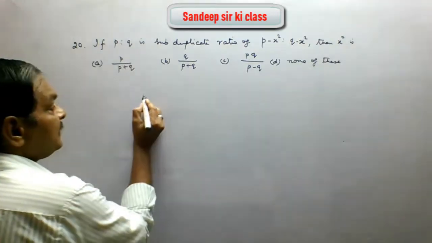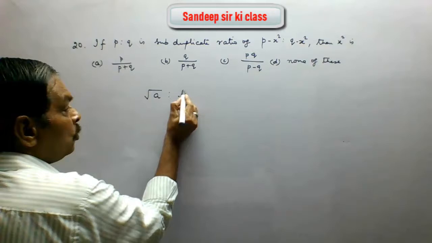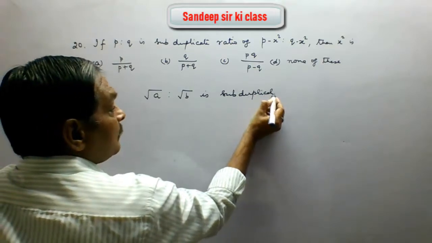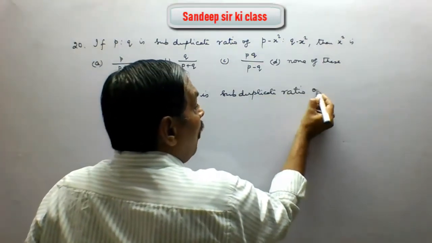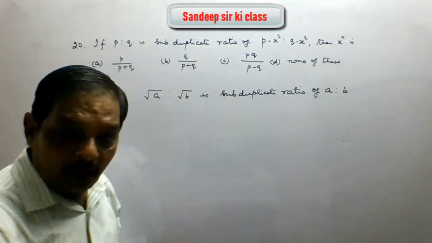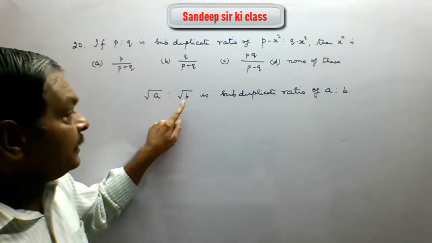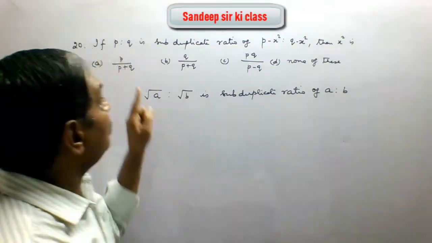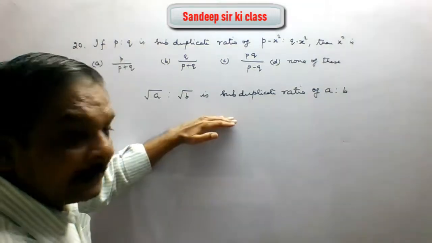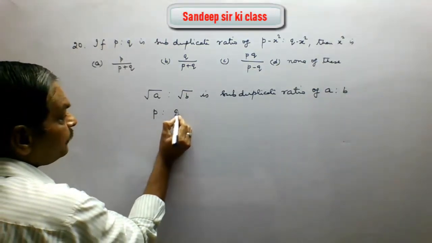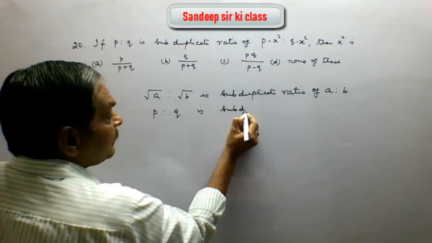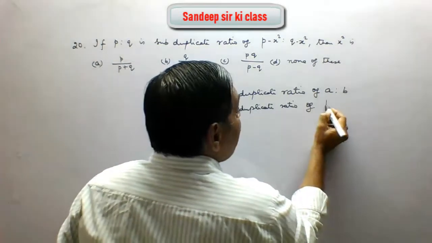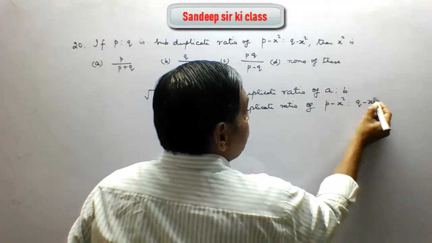Now we know that under root A is to under root B is subduplicate ratio of A is to B. Now what we have been given, we can write here P is to Q is subduplicate ratio of P minus x square is to Q minus x square.